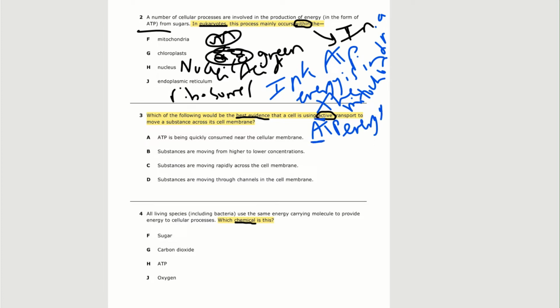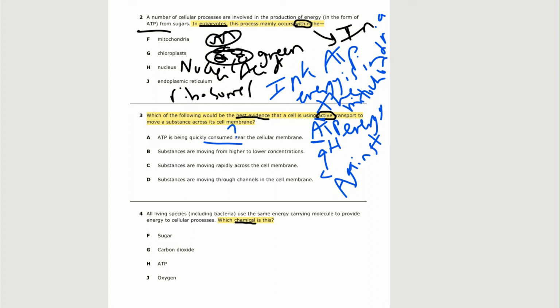Active ATP energy. Also, from low to high, remember? Against the gradient. So ATP is being quickly consumed near the cellular membrane. Consume means to eat. I have no idea what that's talking about.